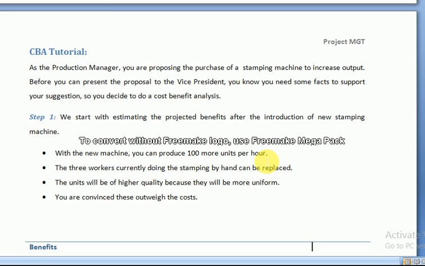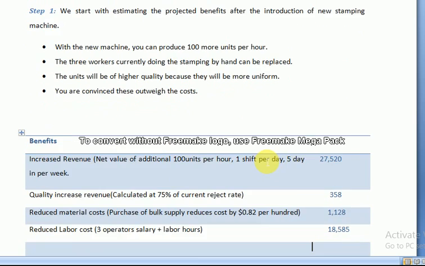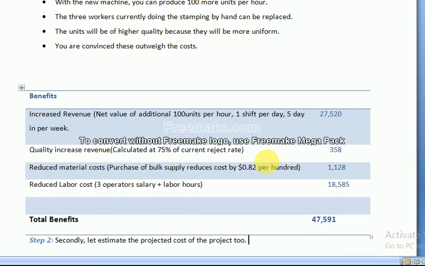So the quality of the finished goods will become high, and it will lead to a decrease in sales returns. You are convinced these benefits outweigh the cost. Now we are going to calculate practical values.